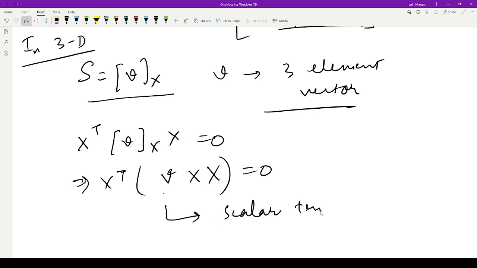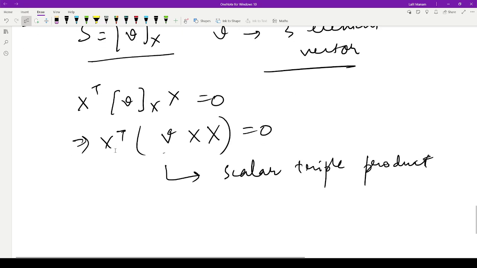Scalar triple product, right? Since we are getting a scalar value 0 here, we call it a scalar triple product. In this specific case, it is 0. Why? We have V here, we have x here. V cross x will be somewhere here. Do you agree with that? V cross x will be perpendicular to both V and x.